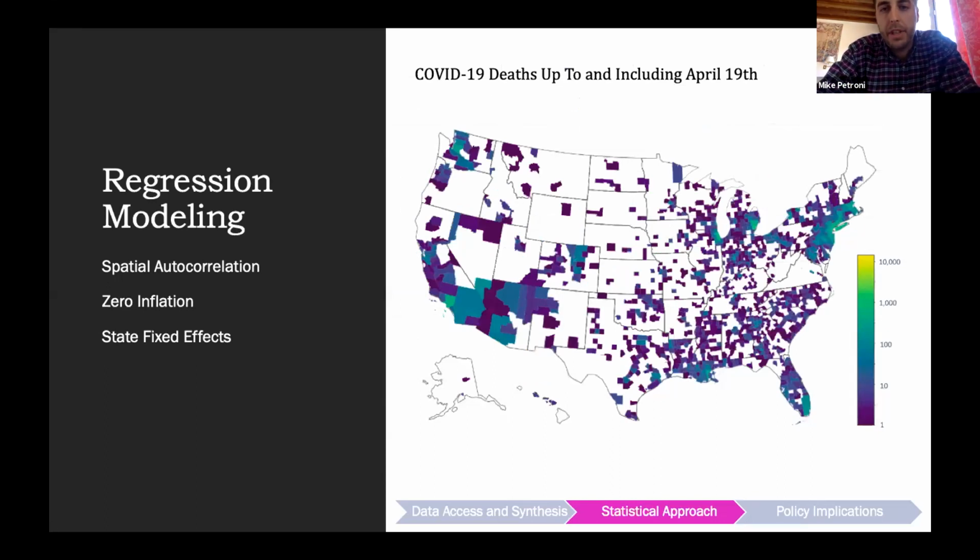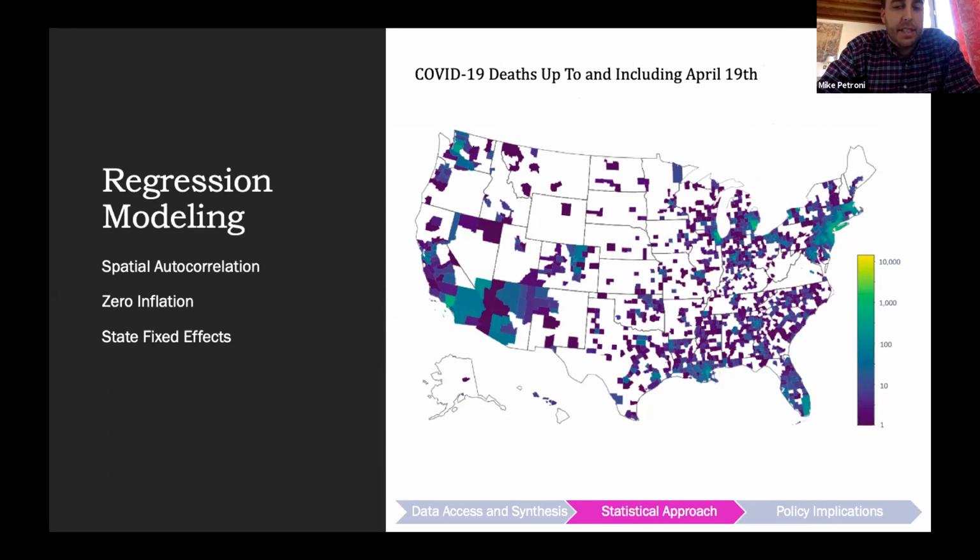So the map that we're looking at here, we have the COVID-19 mortality as of April 19th, and you see a lot of the United States didn't have any cases, or not cases, but deaths at this point. So we ran some zero inflated negative binomial mixed models.